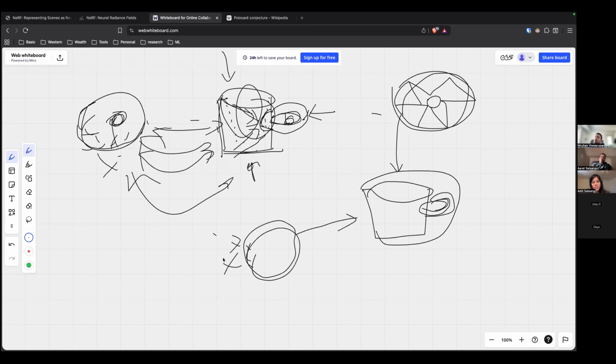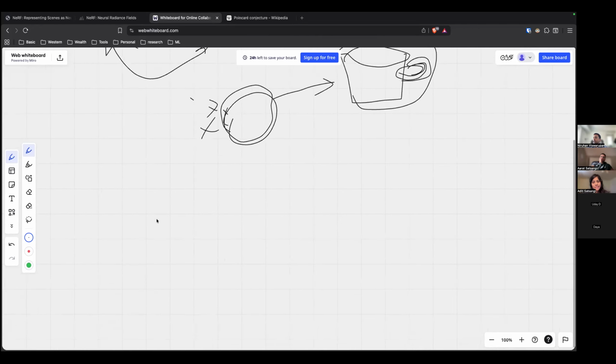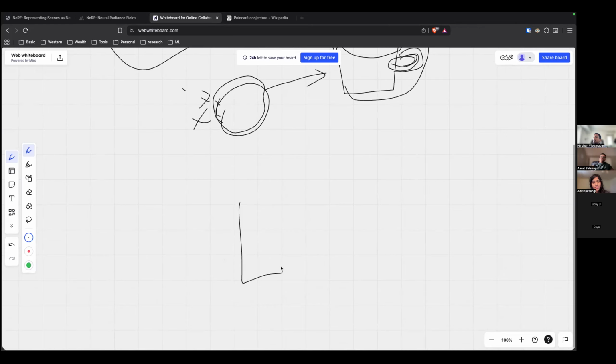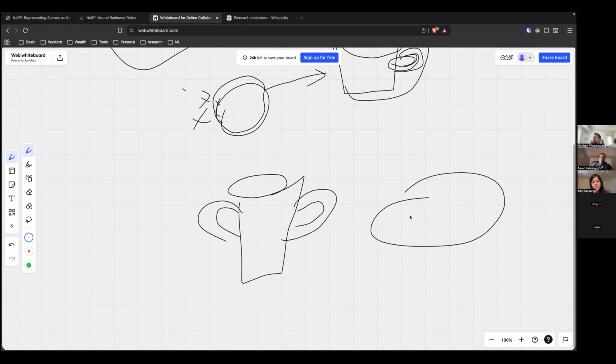If you want to train a scene with a vase, and vases have two handles, right? For this you have to start with some kind of mesh that has two holes. So you need to know the starting mesh.